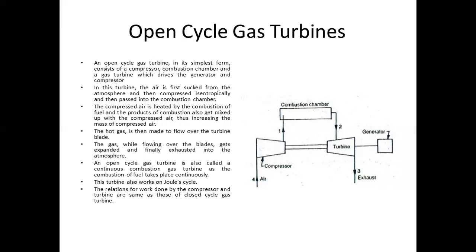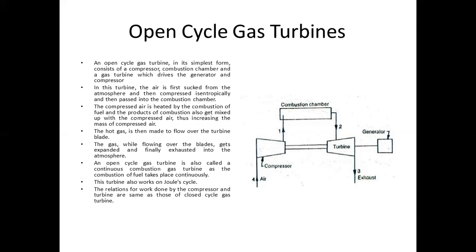In this turbine, the air is first sucked from the atmosphere and then compressed isentropically and then passed into the combustion chamber. The compressed air is heated by the combustion of fuel and the products of combustion also get mixed up with the compressed air, thus increasing the mass of compressed air.